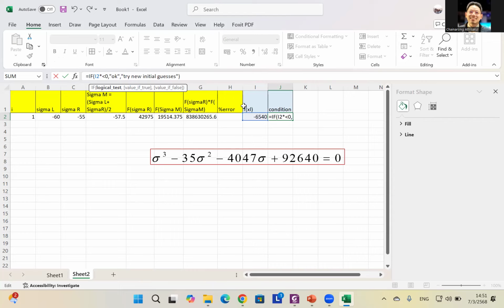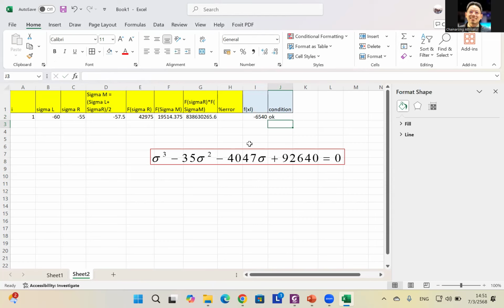It should be fxl multiplied with fxr, right? This is for checking the condition, so you may set up a column for checking the condition.